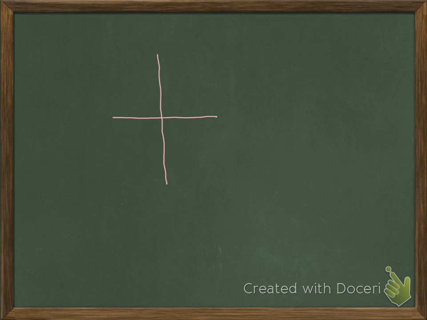Okay. So let's graph, I don't know, 4 plus 2i, and then find the modulus, or the length of that vector. So we'll go right 4, up 2. There's our coordinate, and this is the length that we are looking for.